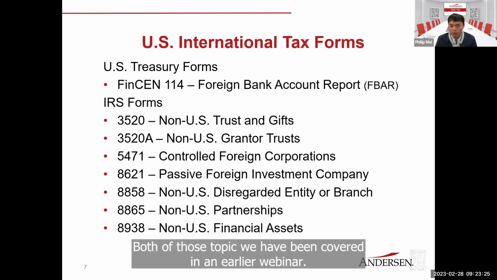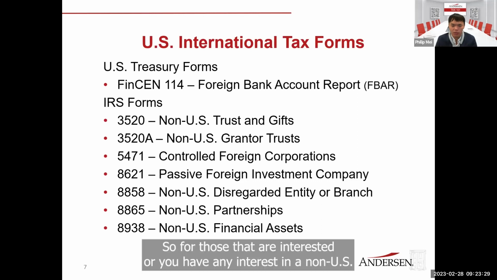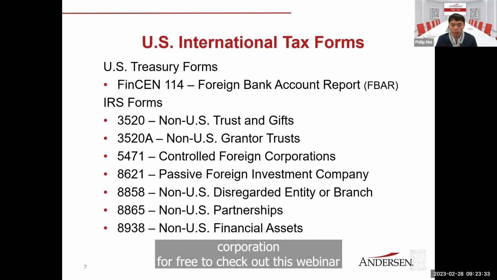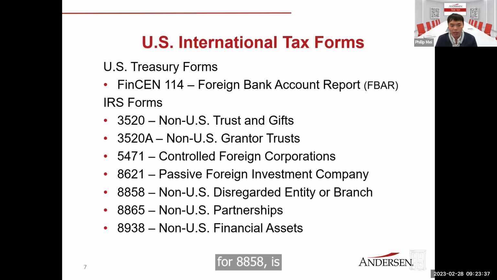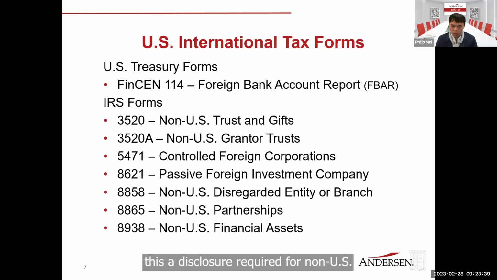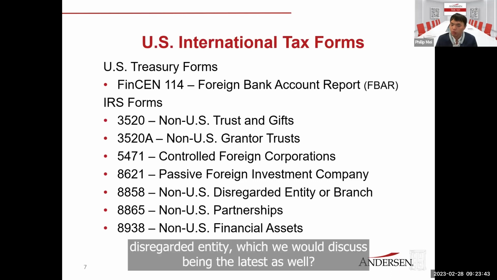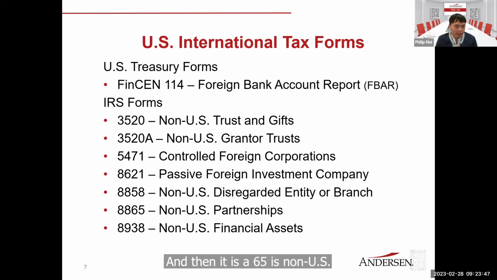Both of those topics were covered in an earlier webinar, so if you have any interest in a non-US corporation, feel free to check out those webinars. Form 8858 is a disclosure required for a non-US disregarded entity, which we will discuss in a later slide as well. And then 8865 is for a non-US partnership.